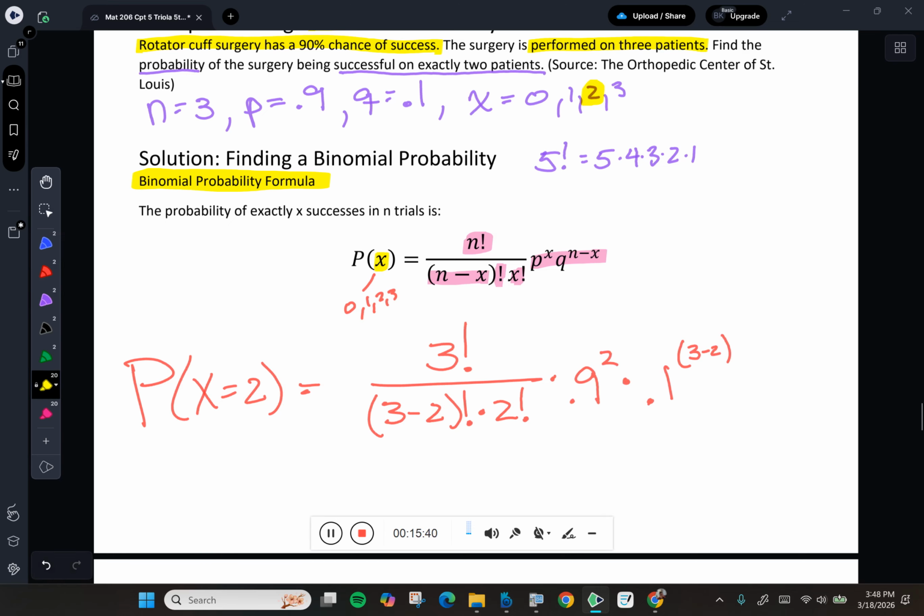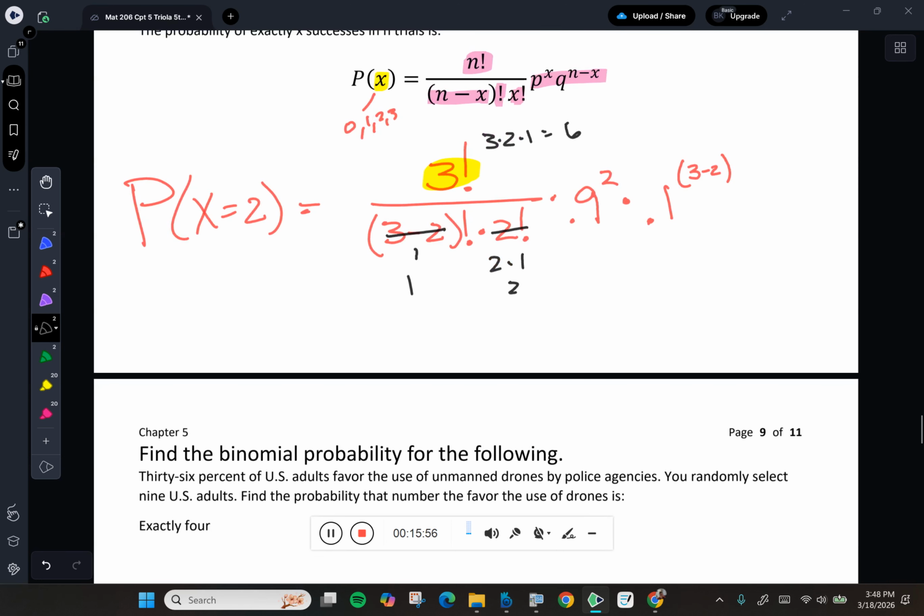All right, so here, 3 factorial means 3 times 2 times 1, which is 6. 3 minus 2 is 1. 1 factorial is 1. 2 factorial means 2 times 1, so that's just 2. Right? So this becomes 6 over 2 times 0.9 squared times 0.1 to the first power. 3 minus 2 up there is 1.